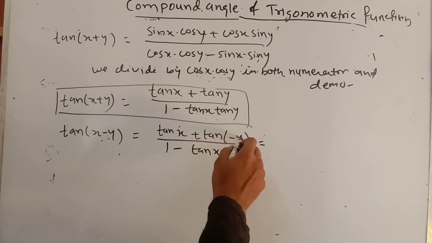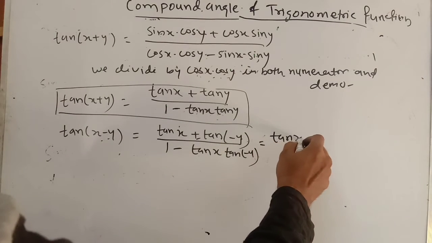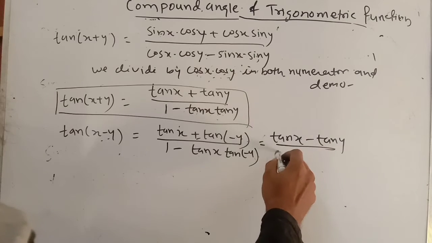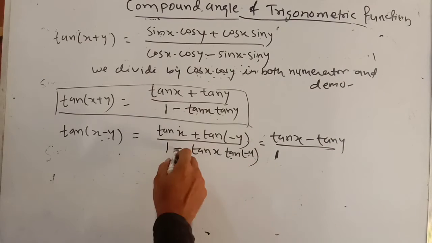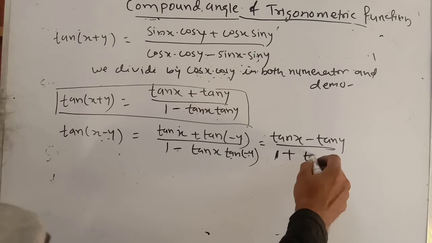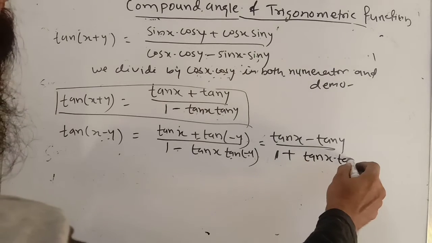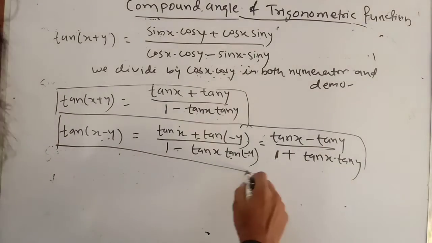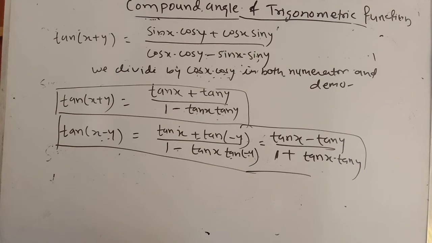Tan of minus theta is minus tan theta, so it becomes tan x minus tan y over 1, and minus minus becomes plus, so tan x into tan y. So you can get tan of x minus y also.